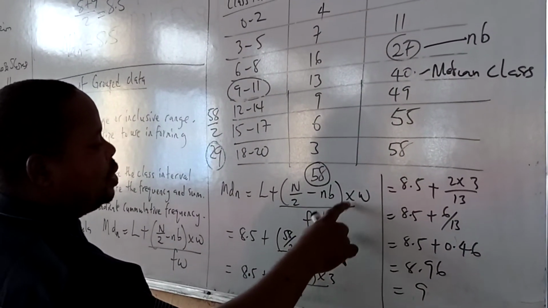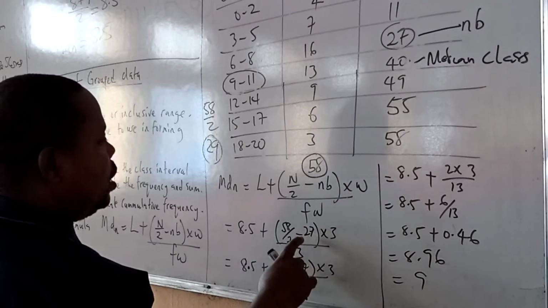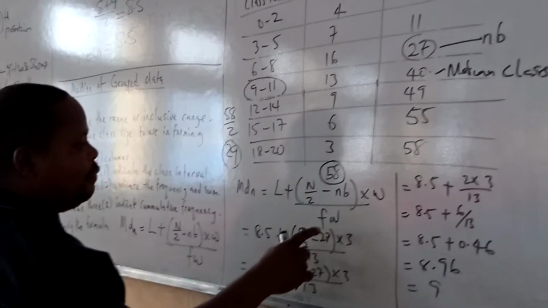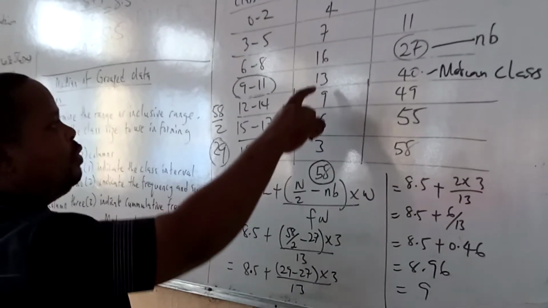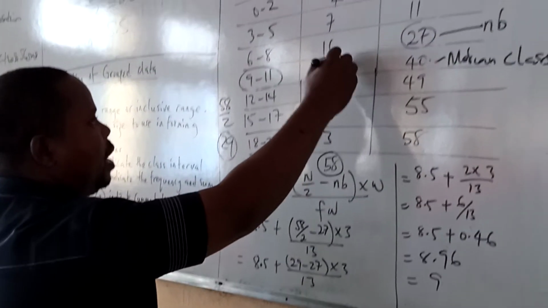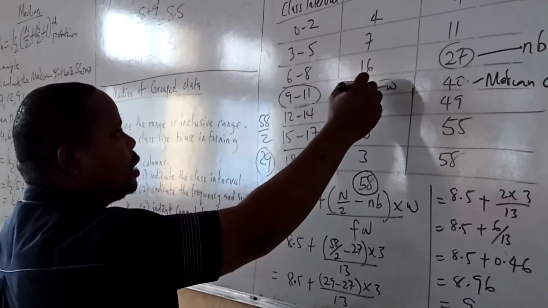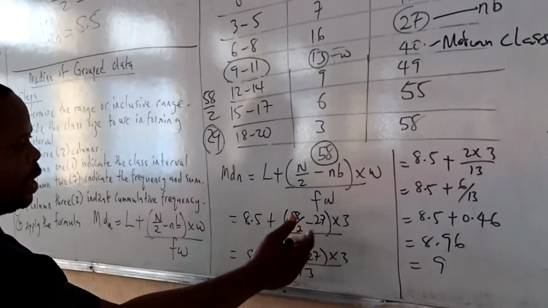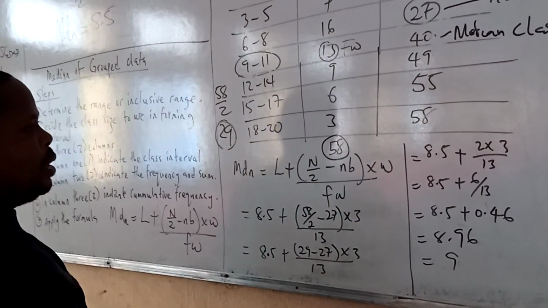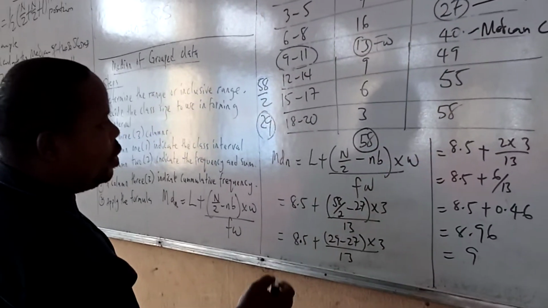Our class width, or class size, is 3, that's W, all over FW. FW stands for the frequency of the median class. Look at our FW here: 13 is FW. Once you have made those observations, you can go ahead and determine the median.